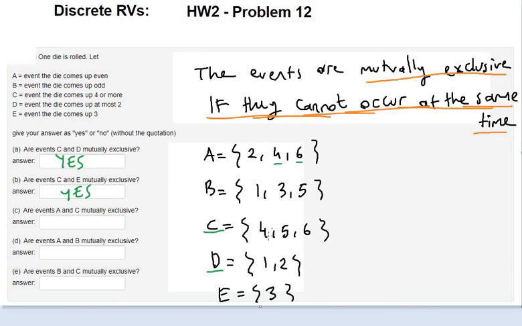So 4 and 6 are already common. At least one common number violates mutual exclusivity, so this is no. Are events A and B? Yes, odd numbers and even numbers cannot come at the same time, so they are mutually exclusive. Are events B and C? B is 1, 3, 5, C is 4, 5, 6, 5 is common, that is violating, so not mutually exclusive.